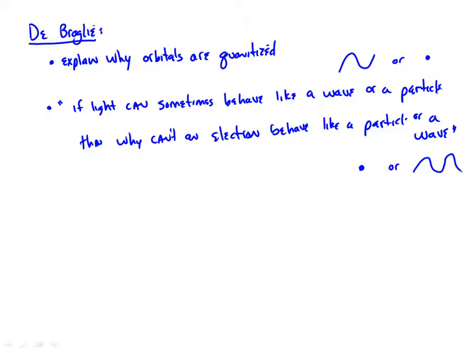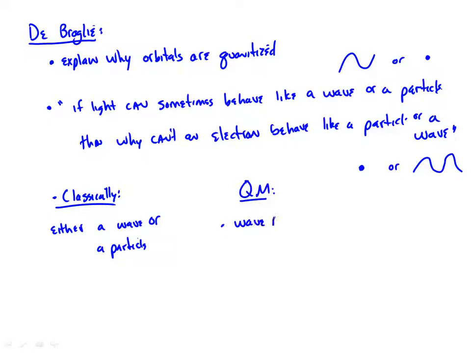Which is pretty radical if you think about it, because in classical mechanics, things were either a wave or a particle. And under quantum mechanics, what they're starting to say is that things are a wave and a particle, meaning they can be both.